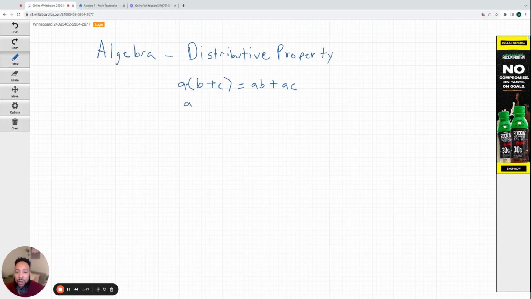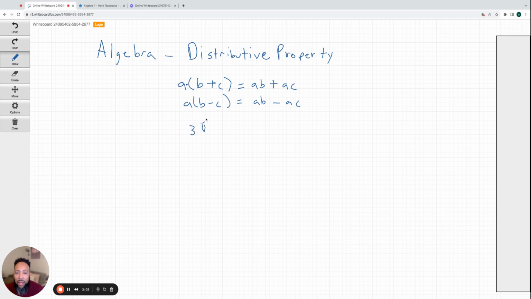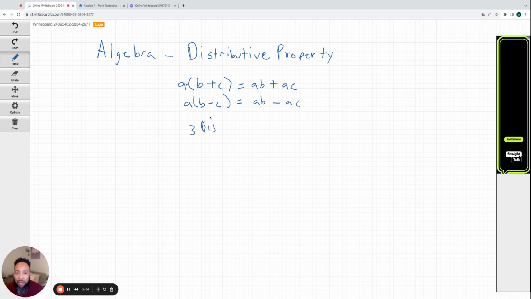That also works if you had A times B minus C, you would have A times B minus A times C. So what does that look like with numbers? Say if we had three times, let's see here, the pad is messing up. So let's clear this back real quick. Let me erase, make this look a little bit better.